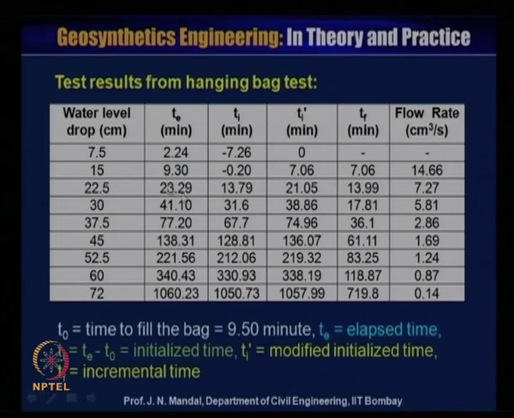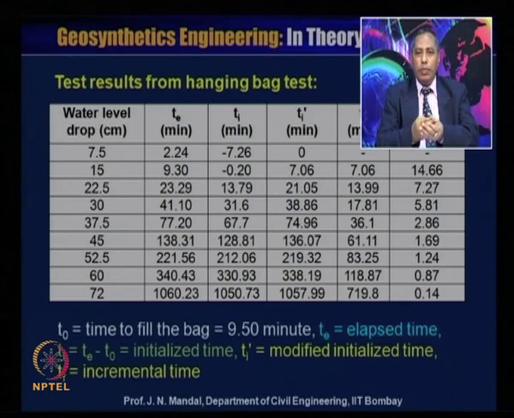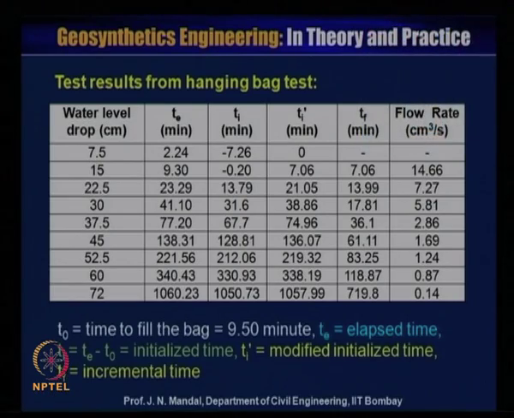So you know the water level drop, and at the same time you are measuring how much water has been collected from the geotextile tube at a particular time. From that you can calculate the flow rate.